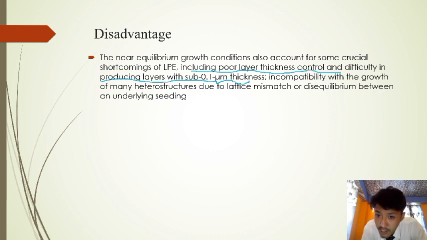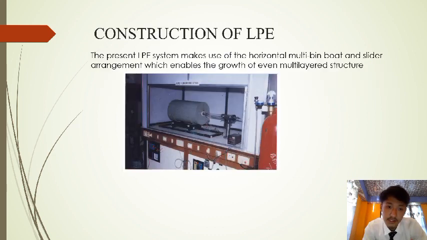There is also incompatibility with the growth of many heterostructures due to lattice mismatch or disequilibrium with the underlying substrate. So there would be a disequilibrium, due to which it would be hard for this process to grow heterostructures. Those are the disadvantages.